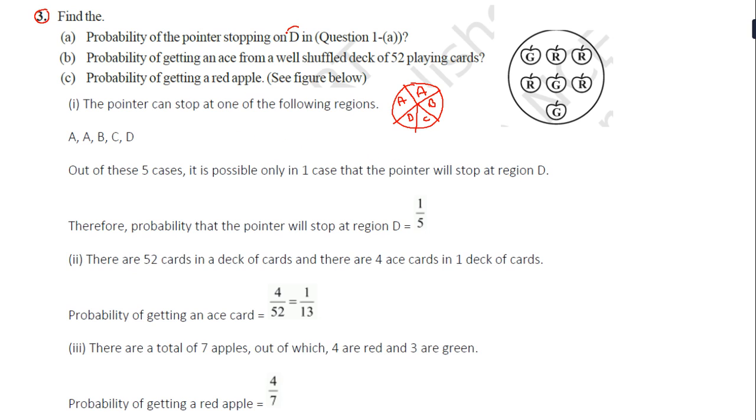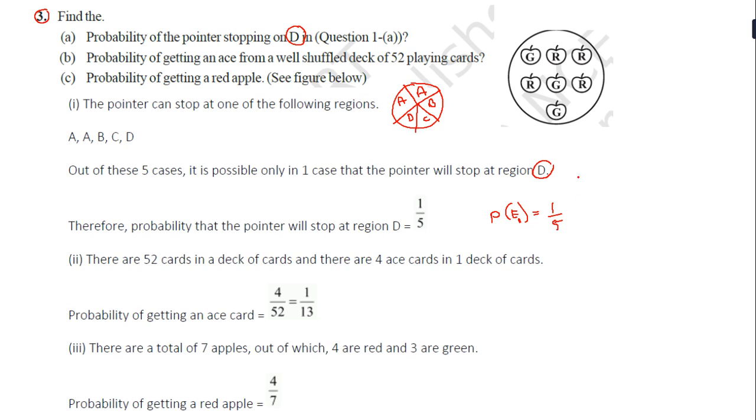Now the question is to find out the probability. Out of these 5 cases, it is possible only in one case that the pointer will stop at D. So 1, 2, 3, 4 and 5. Therefore the probability that the pointer will stop at region D is P(E1) equal to 1 by 5.